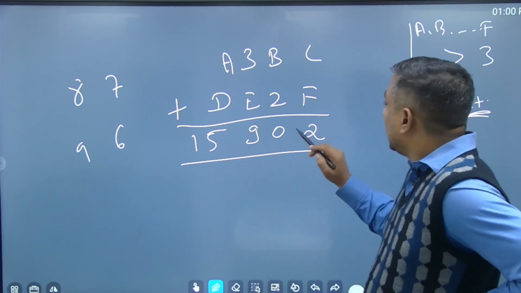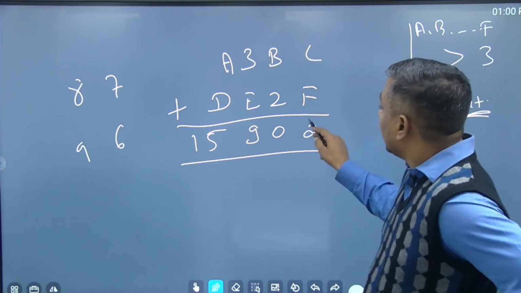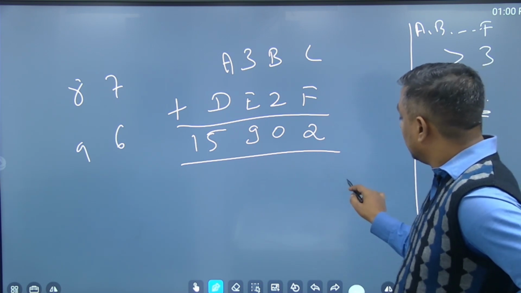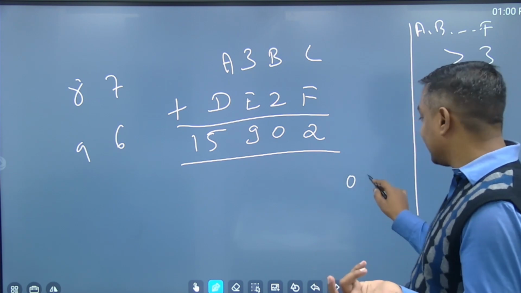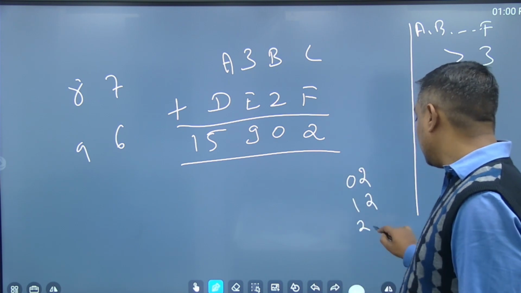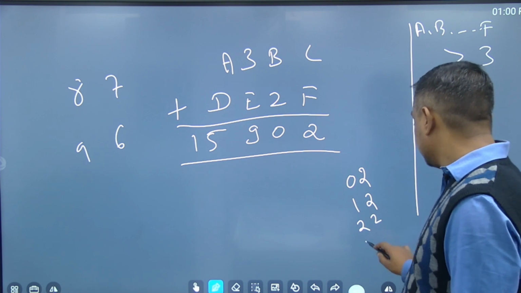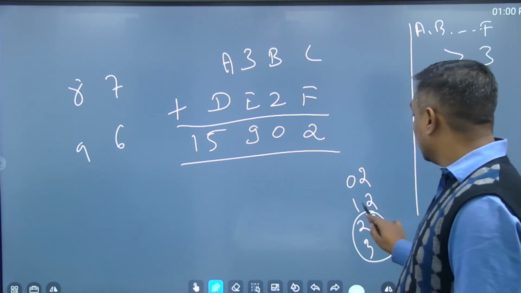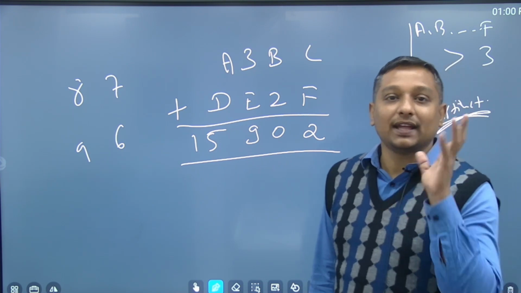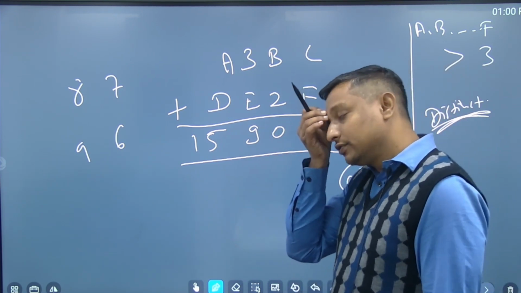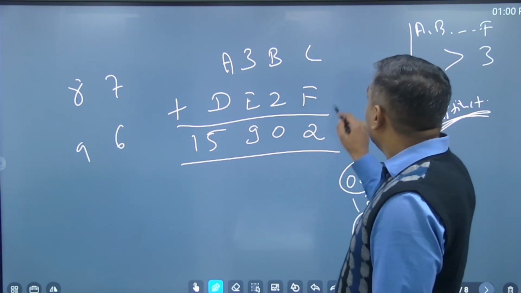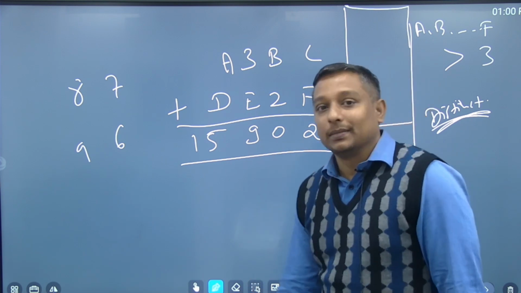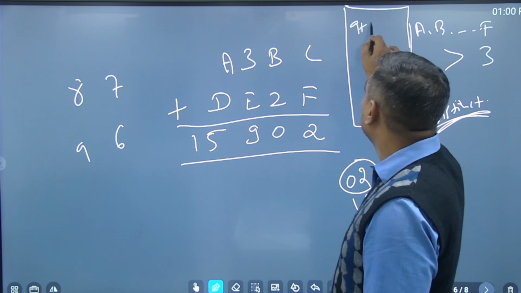Now can you see, if this is C and F and their addition is 2, it has to be 2, 12, 22 or 32, but none of these values except one can be possible. Why is it so? This is where the catch of the question was. Any two single digit numbers, if they are the same, the maximum addition can be 18.